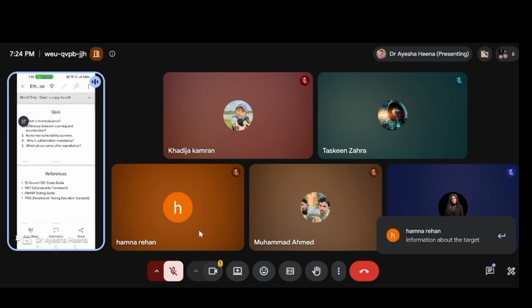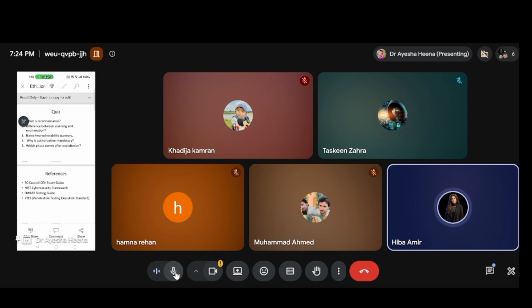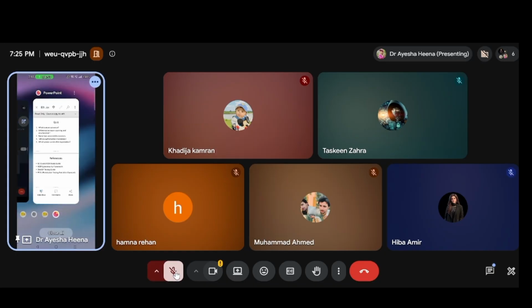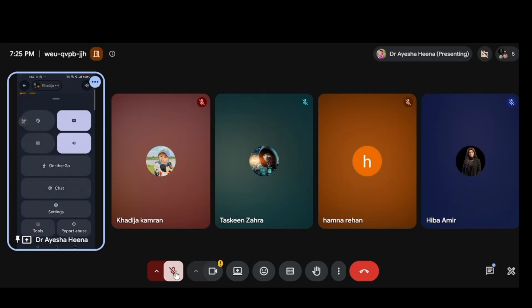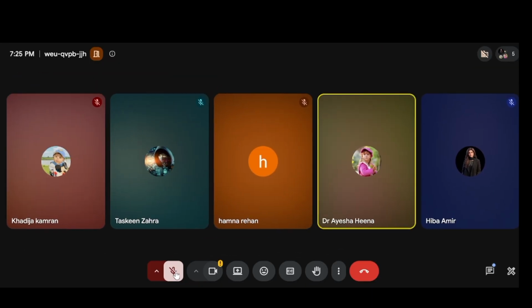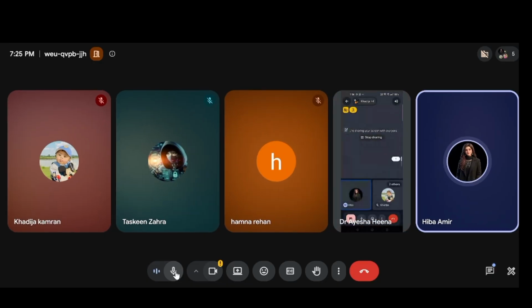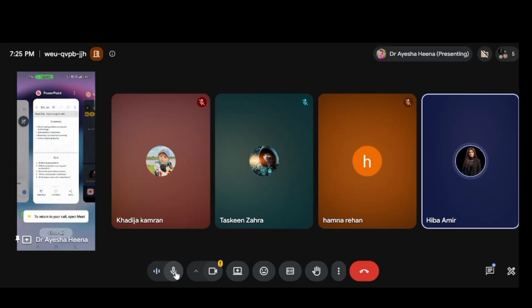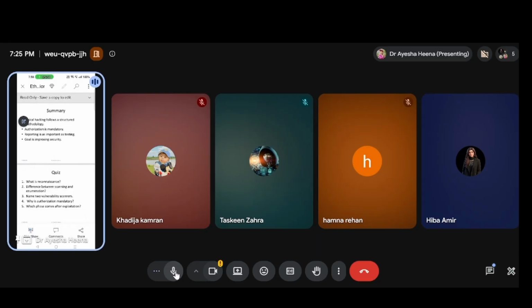I hope the screen is visible. Hiba? Ma'am, can you please reshare the screen because some of us are facing problems. Okay. Is it visible now? No, ma'am. Since when did you have this problem? Now it is visible, but it was glitching. Okay, there must be some network issue. Now is it visible?